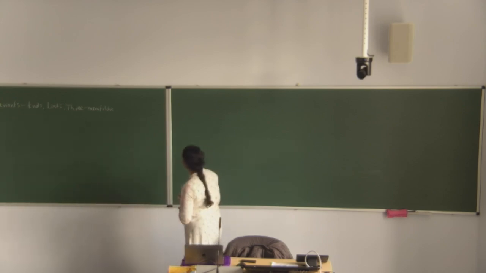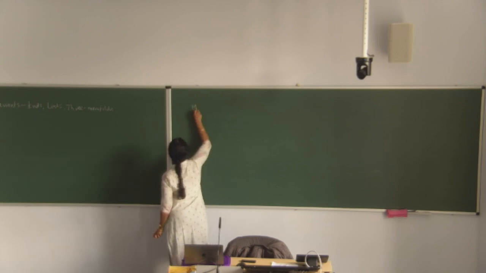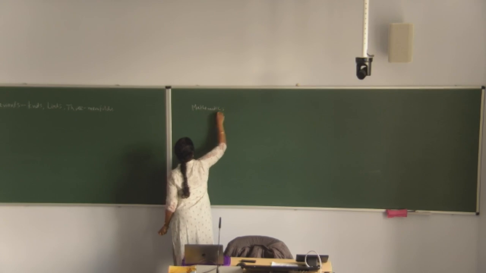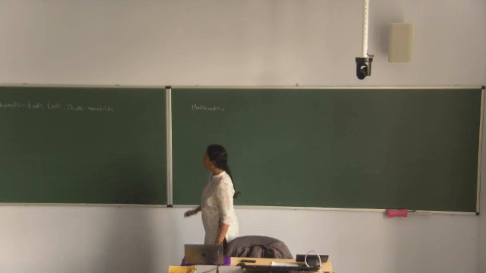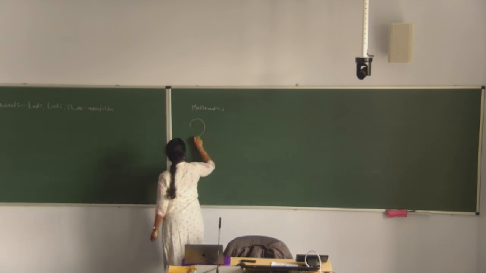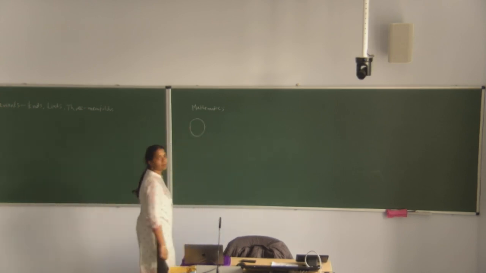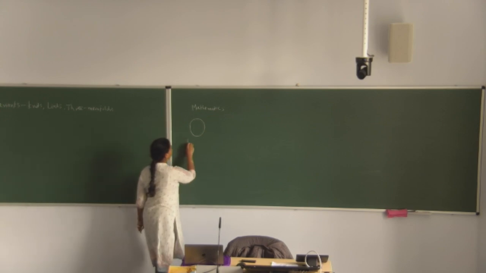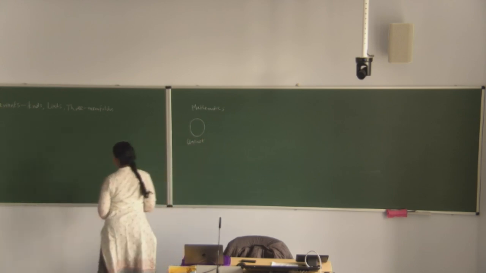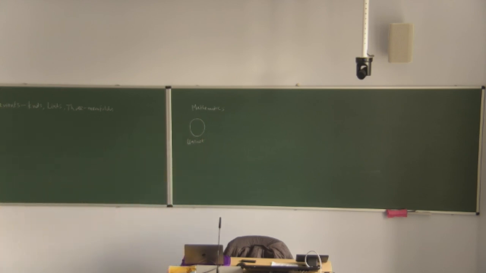So in mathematics, you can have a simple knot, which we call an unknot. Then you can also have a simple link.